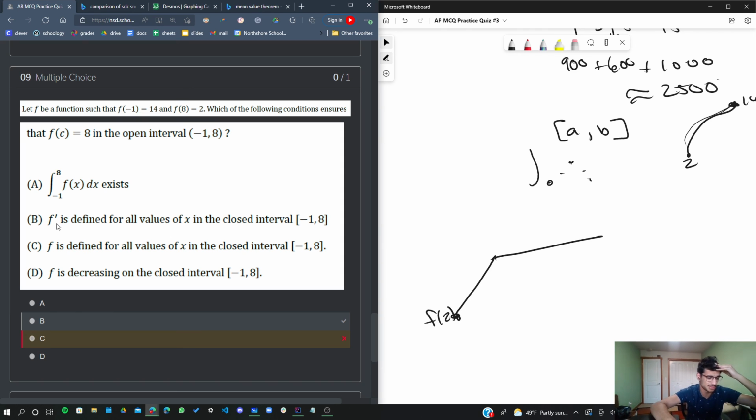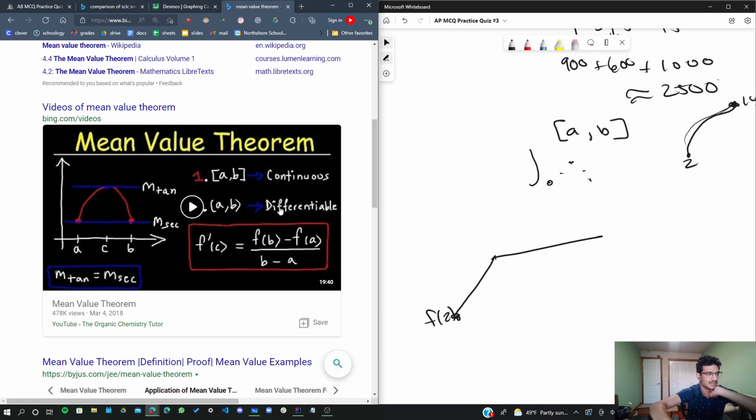Here, when you have f prime is defined, that means f is differentiable, which means that it's also continuous as well. So then I think B would be the answer there. But I'll still need to do a little bit of research as to why we need the derivative to exist. I don't know necessarily why, but I guess that's it.